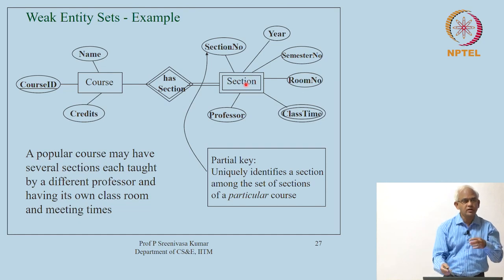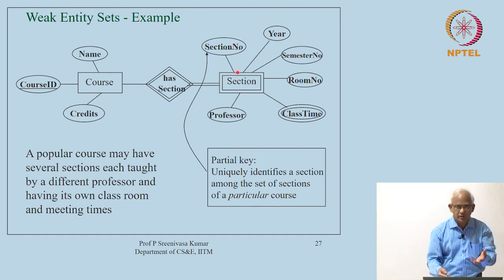So, for the 2019 database systems course, which you are all enrolled in, this edition exists because the course exists, right. Course is a strong entity and section is a weak entity.